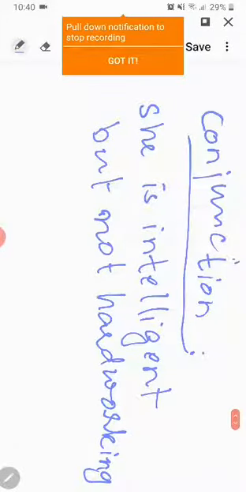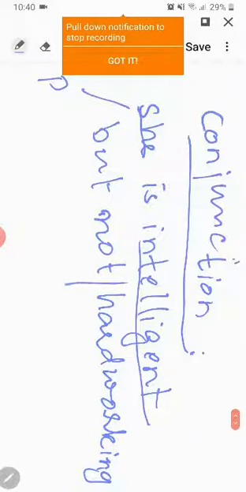In this sentence, she is a pronoun. Intelligent is an adjective and the word but is a conjunction because it is used to join the two parts of the sentence. She is intelligent but not hardworking. Without using this conjunction, the sentence is incomplete.